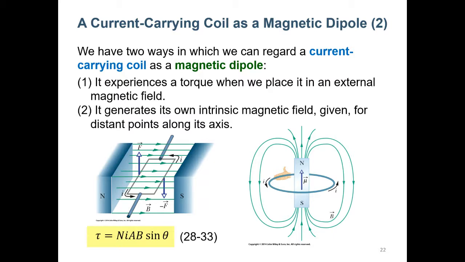So if this coil with current and the magnetic field going this way, this coil will rotate with respect to this axis. And the next one is its own intrinsic magnetic field given for the distant point along its x-axis. So these two are actually the same.